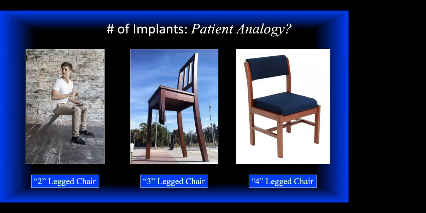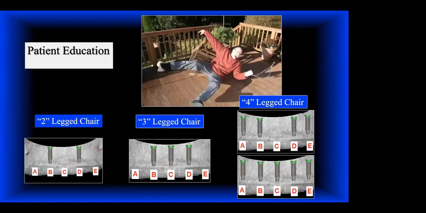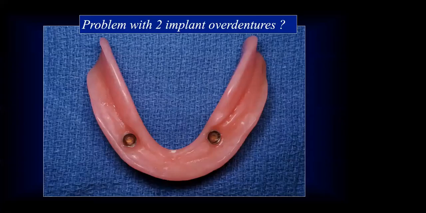But why do I want you to get used to doing this with these different treatment options? Because the patient does not understand it. They're coming in for a prosthesis. They don't understand the biomechanics of 2, 3, or 4 implants.